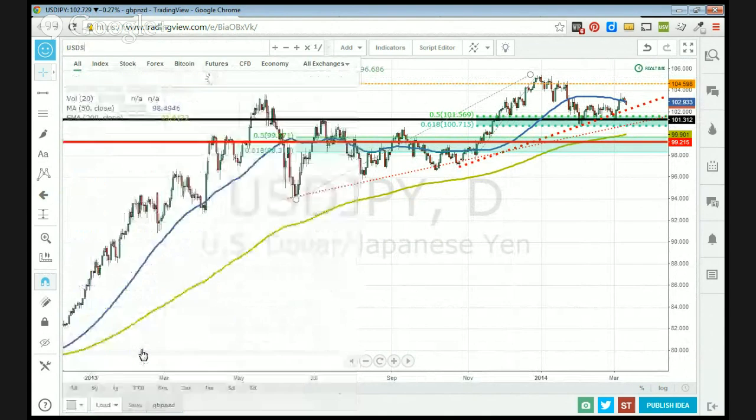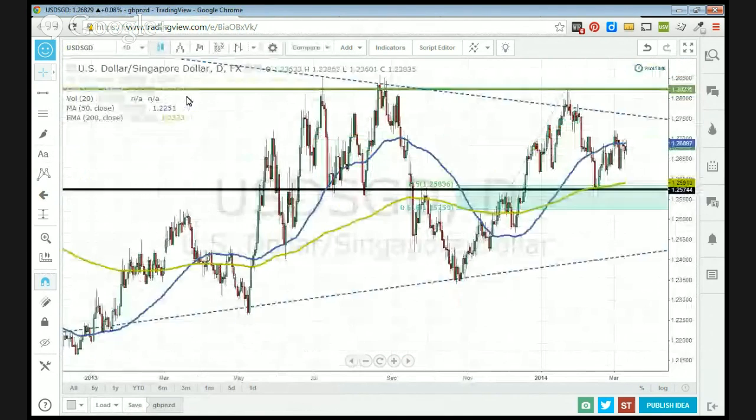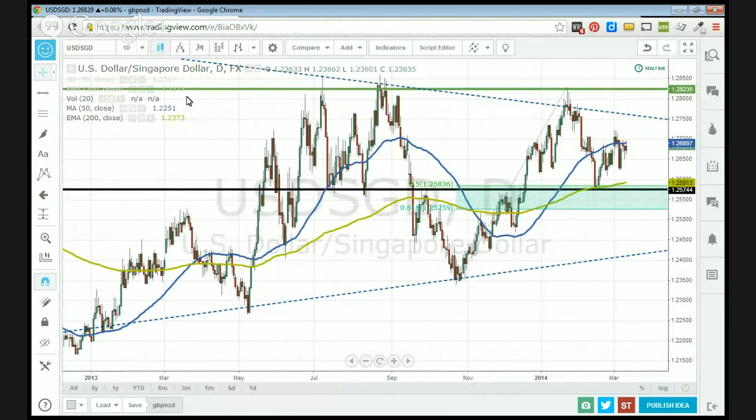Dollar Singapore. Okay, that's dollar Singapore.